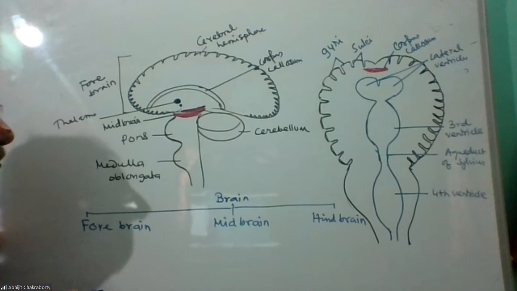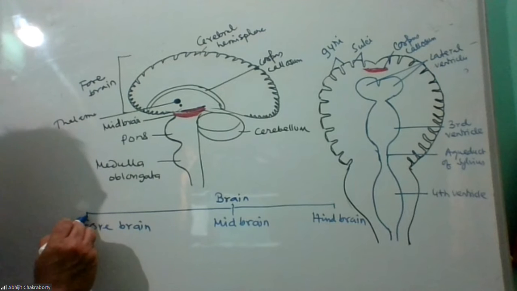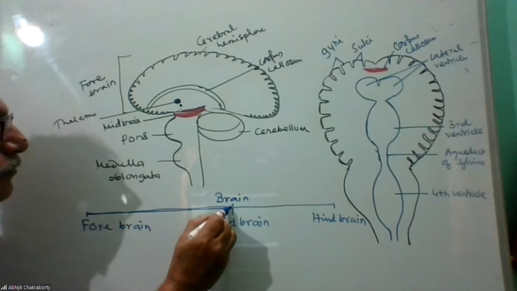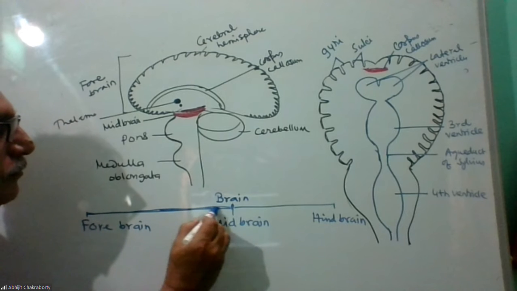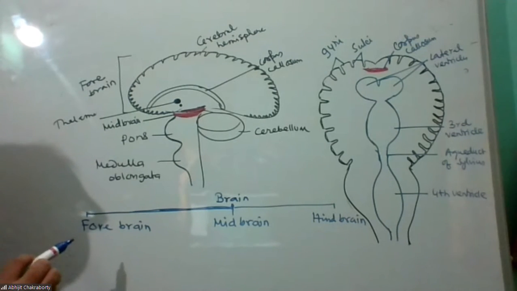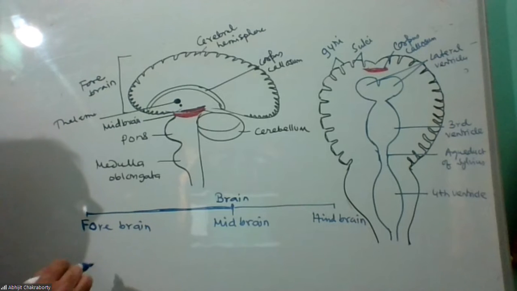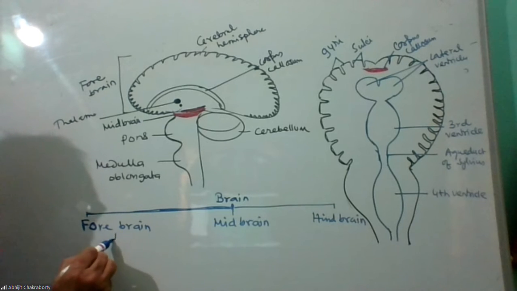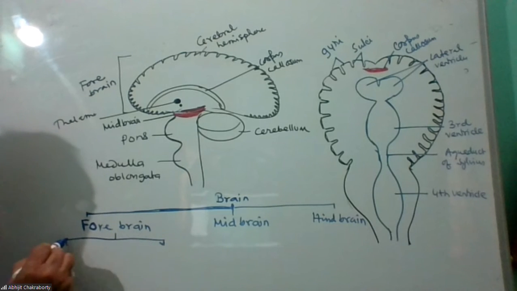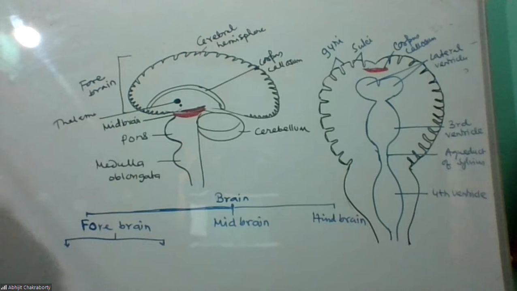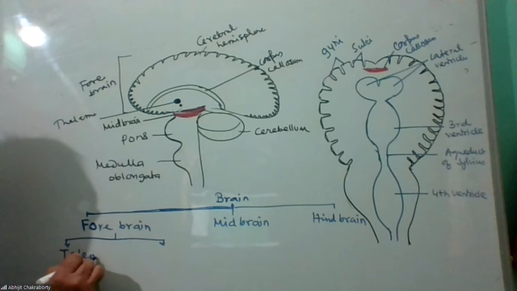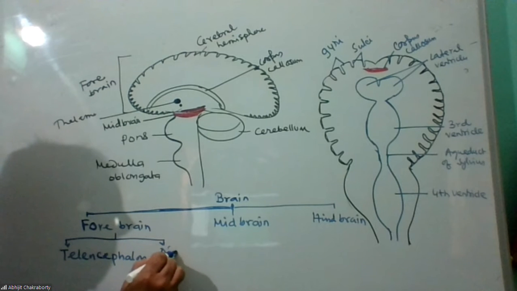Forebrain includes, for the parts found in the forebrain, most importantly, telencephalon and diencephalon.